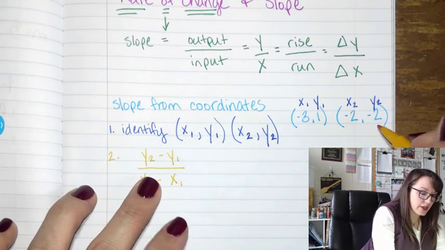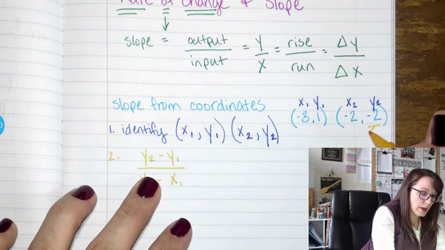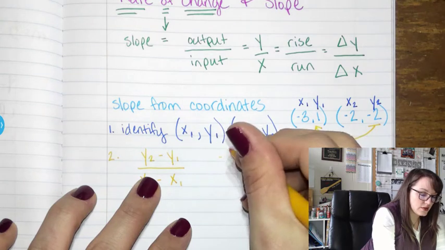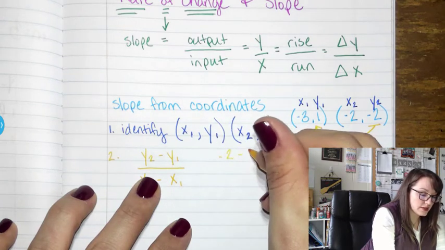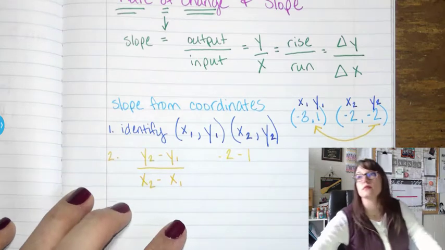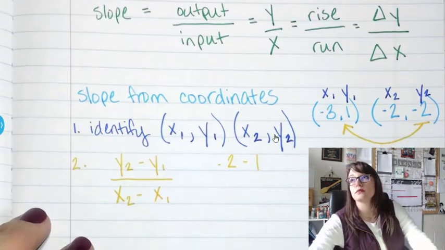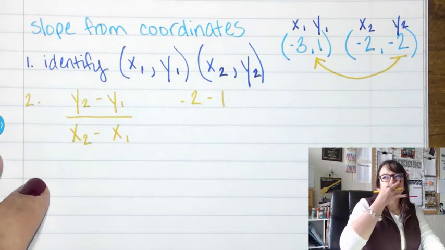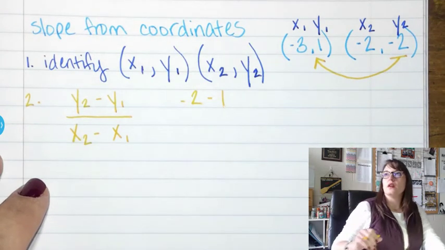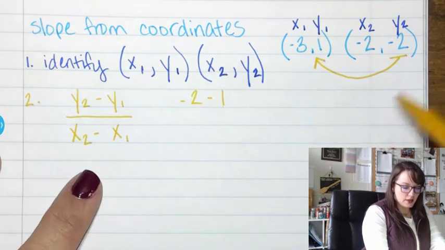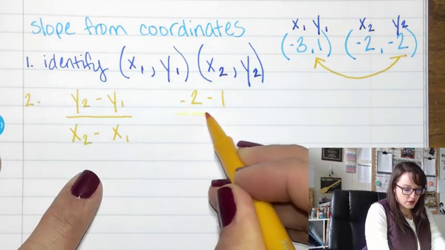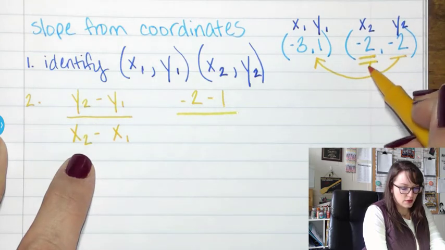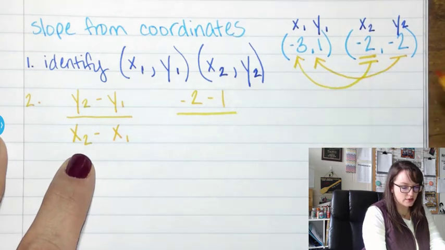So with my y's, I'm going to do negative 2 minus 1. And then over x2, which is this one, minus x1.